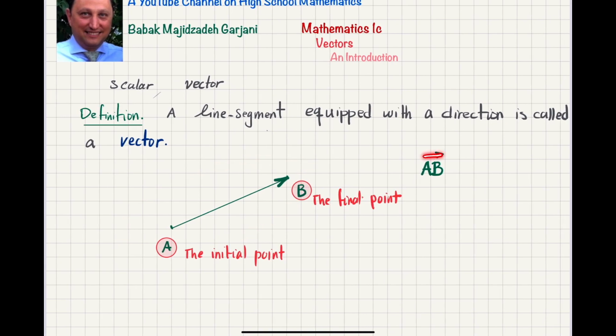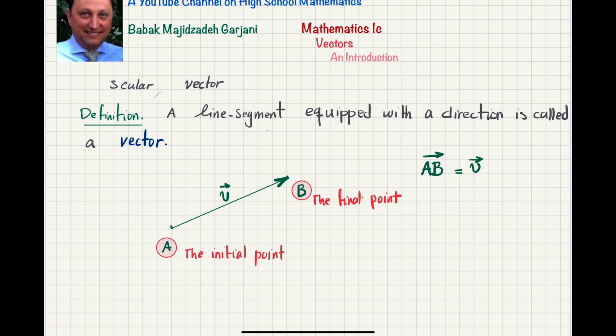First of all, you shouldn't forget to put this small little arrow on top of that. And it is extremely important to start with the initial point and then end with the final point. The final point is the point containing the tip of the arrow. That is called a vector. But usually we do not care about the initial and final points. What we care about is just the vector itself. So in those cases, we can put a symbol letter, for example V, on it. So there are two different ways to denote this vector.